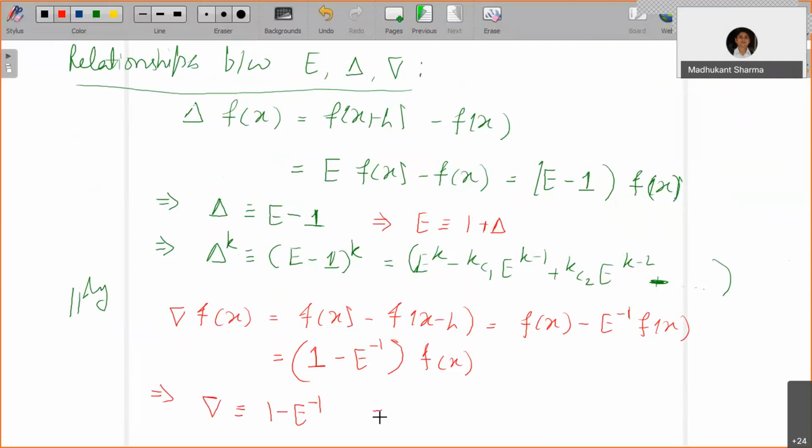So this implies E inverse equals 1 minus the backward difference, or E equals 1 minus delta inverse. Then similarly you can go for its power.